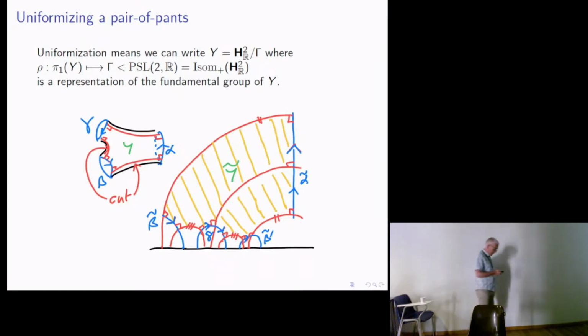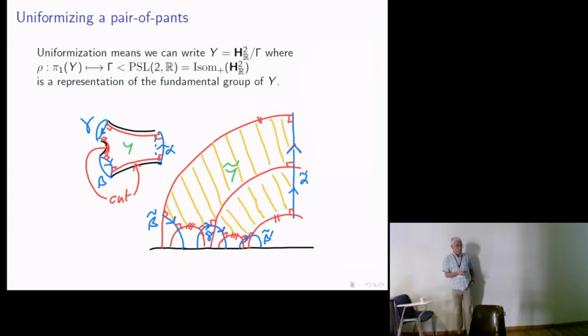Now, of course, as we've seen probably in the last talk, really I should be having infinite cuffs on the end here, corresponding to all of these other points. So I'm being slightly ambiguous there. I'm not really writing this as the quotient of the hyperbolic plane. I'm actually writing it as the Nielsen region, or the convex hull of the limit set.